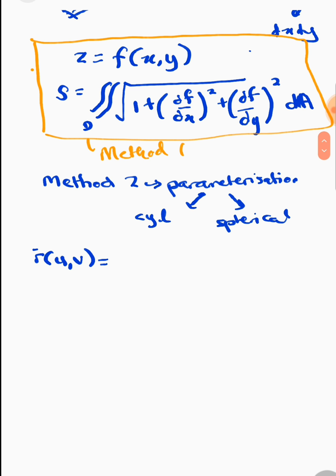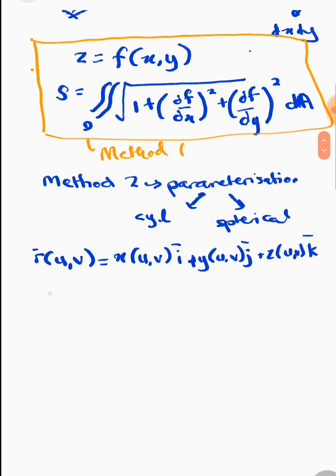So my vector will be x(u,v) i plus y(u,v) j plus z(u,v) k.